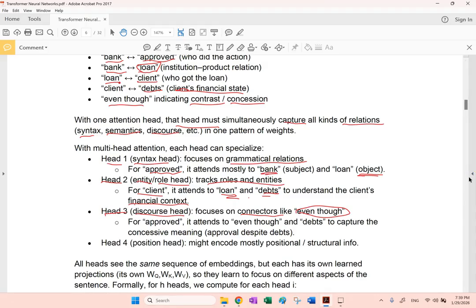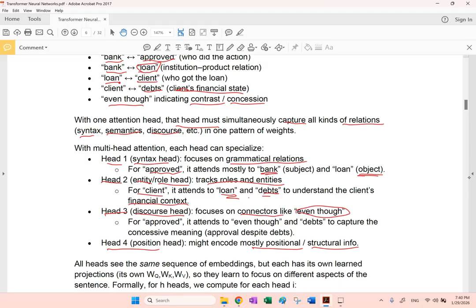Okay? And finally, you can have a position head. So it can encode most of the positional and structural info. Remember, I told you it's not enough to encode each word, the meaning of it, and the contextual meaning of it. You also need to know where each word is inside the sequence, and that is called positional encoding.